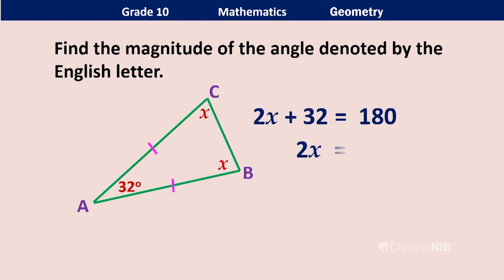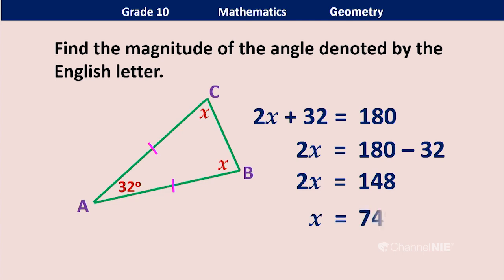So, I am going to subtract 32 from both sides. Therefore, 2x equals 148 degrees. To find the value of x, I can divide both sides by 2. When I divide 148 by 2, I get 74 degrees as the magnitude of x.